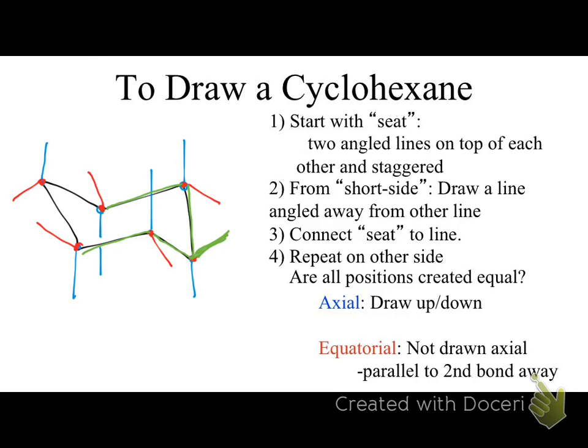Right here. Coming at you or away from you? Ooh. Which way are we looking at? So the wedges and the dashes aren't going to be the easiest things to use. Our cyclohexane chair conformations already imply three-dimensionality. So we don't want to confuse them even further with wedges and dashes.